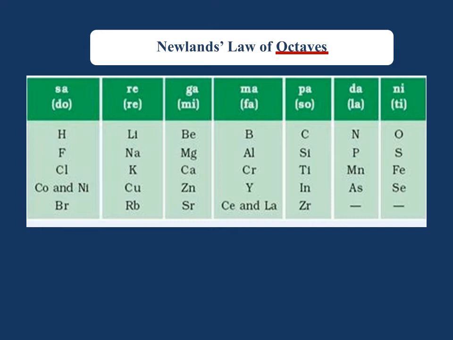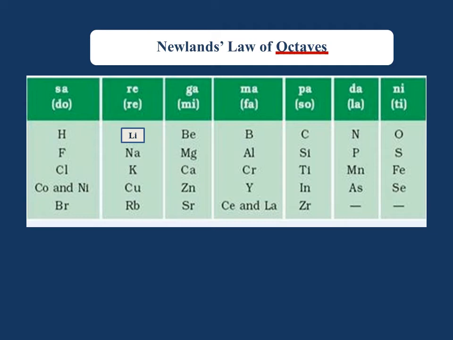One day he observed the notes in music and found that the eighth note is the repetition of the first note. Do, re, mi, fa, sol, la, ti, do, or Sa Re Ga Ma Pa Dha Ni Sa. After Ni, again Sa. The eighth note is the repetition of the first note.